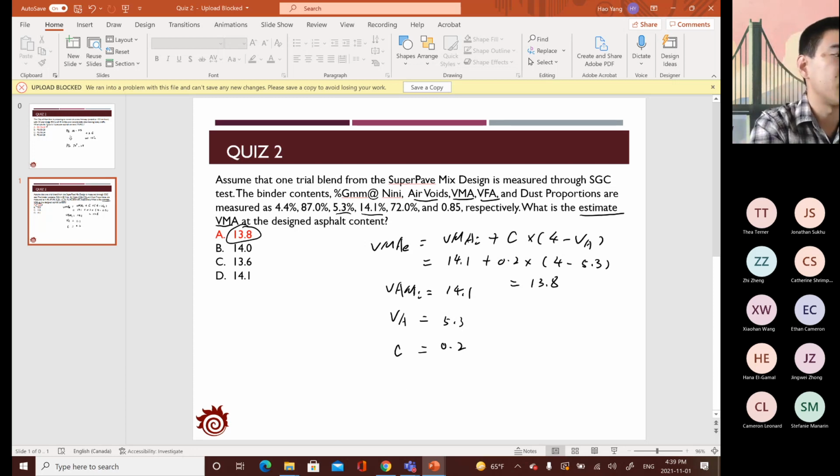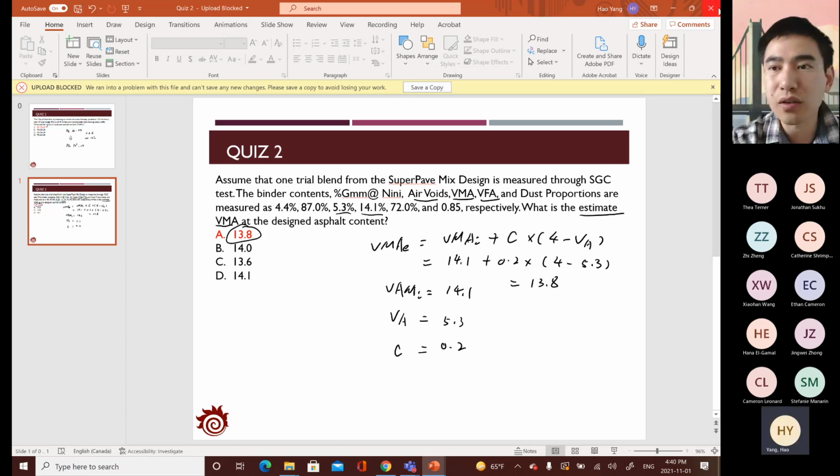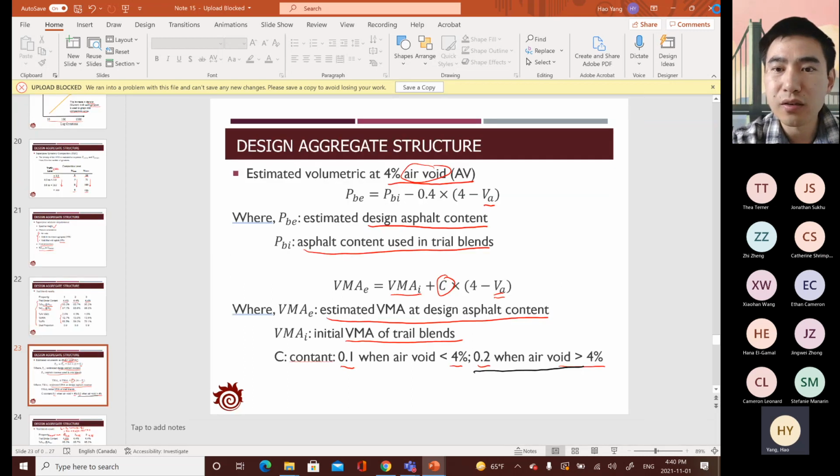If not, then I will go to the introduction of the new lecture, the estimations about the traffic loadings and volumes, which will be one of the key components for us to design the pavement. Let me try to bring out the notes.